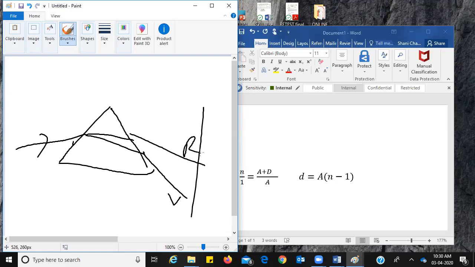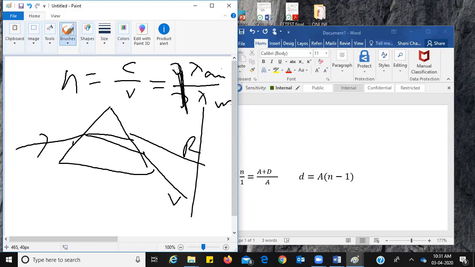One doubt: refractive index is related to wavelength with what equation? n equals c by v, and v is equal to nu lambda. So n equals nu lambda in air by nu lambda in the medium.